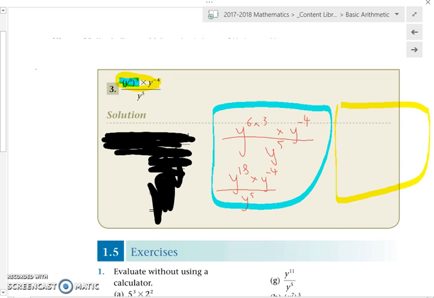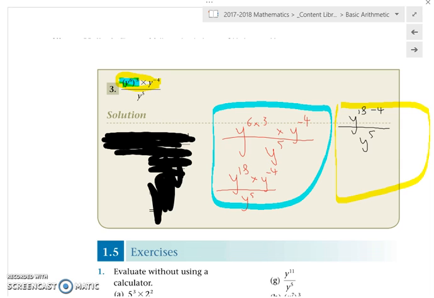So we've got y to the 18 times y to the minus 4 over y to the 5. Because they're multiplied together, I would have done 18 plus 4, but it's a minus. So the minus stays a minus.